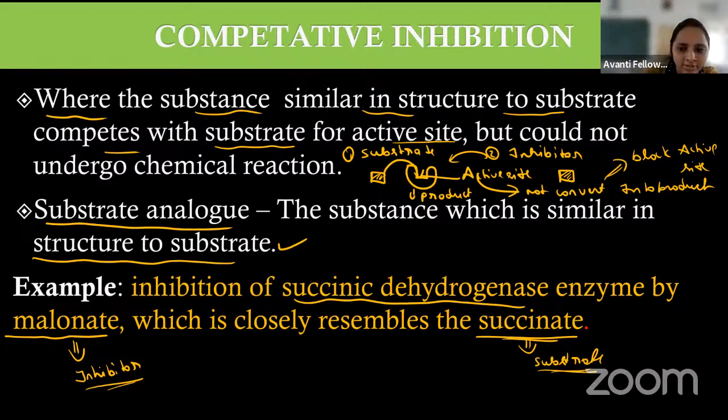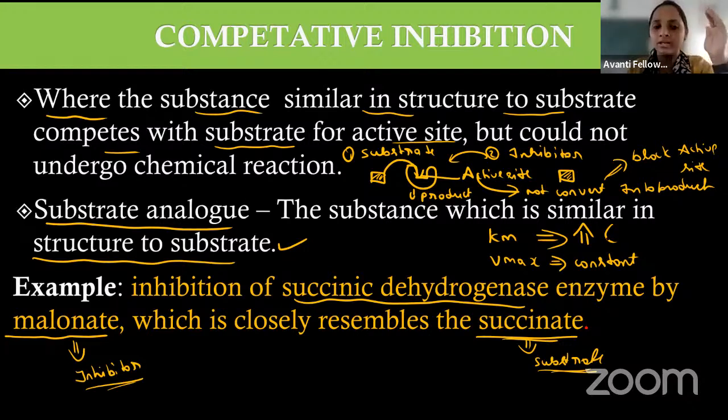So same thing. Let us talk about the Km and Vmax in competitive inhibition. Okay, students, Km is going to increase and Vmax is going to remain constant. So what happens when the Km increases? You know, Km is the Michaelis-Menten constant, right?